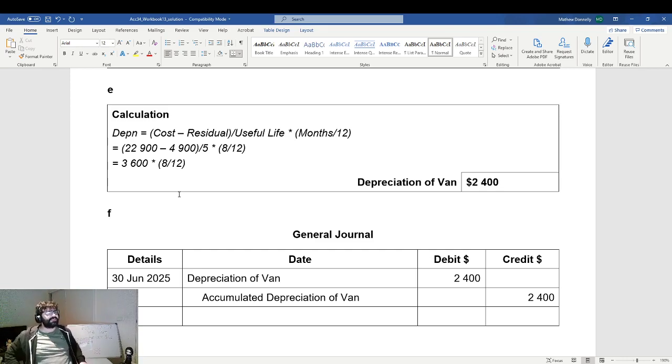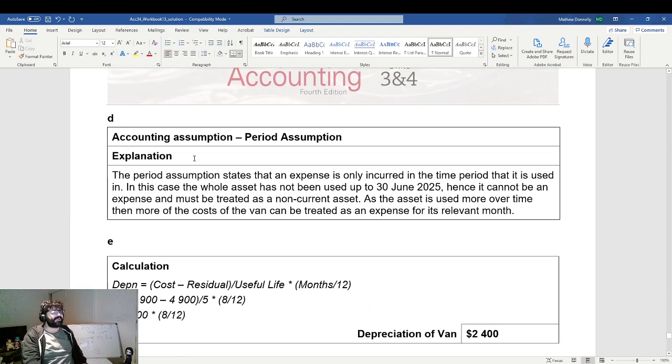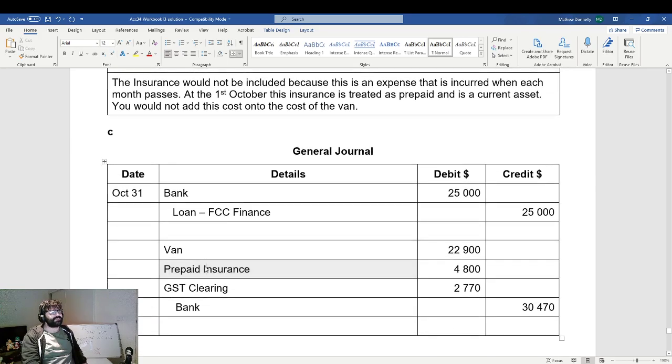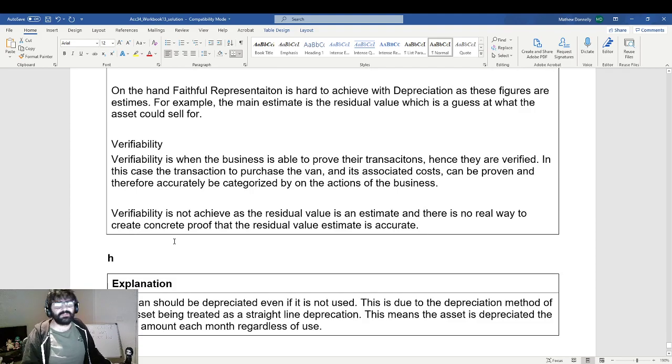Those are all things you need to know. You need to know what to count, like what prepaid insurance goes under versus what's actually counting as a van. And I think the best way to look at it is, is this an expense or is it a way to get the item ready to sell? So stuff like branding as well could be added on.